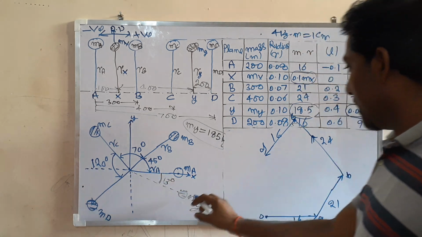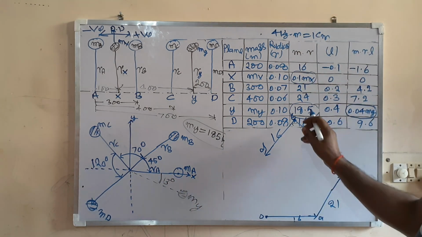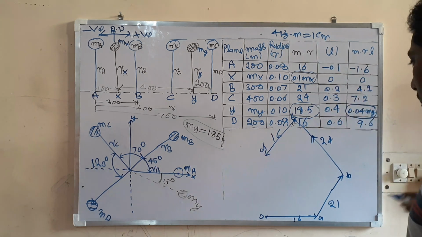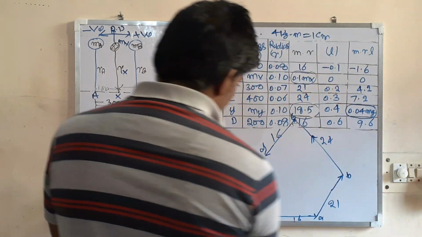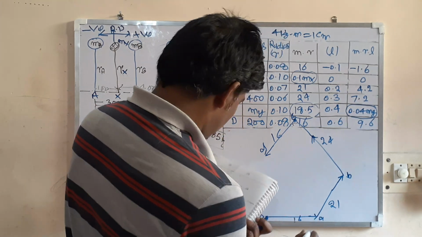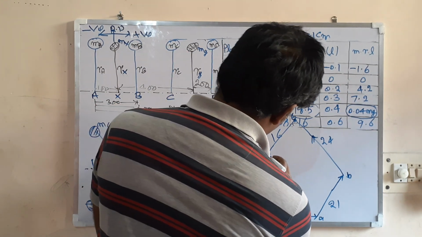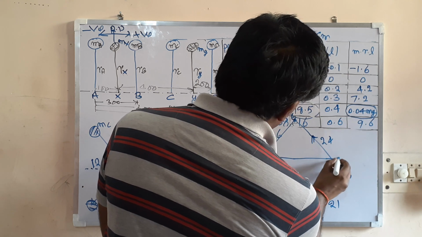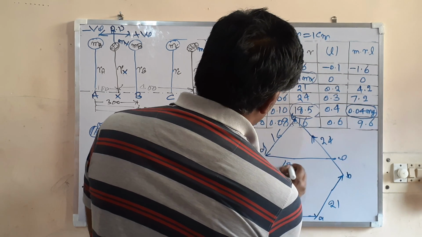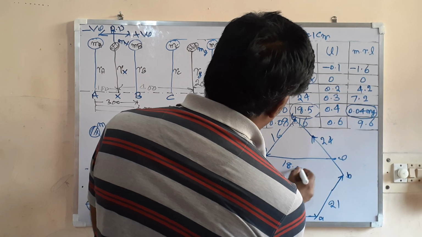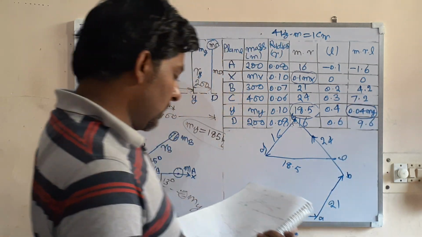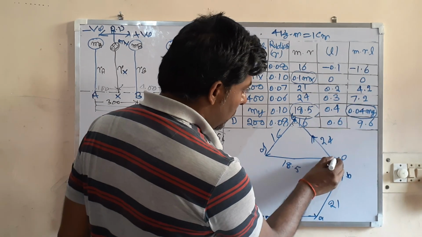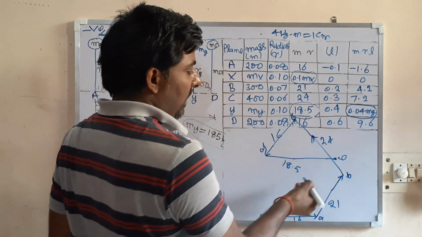Let us draw my in scale as 18.5 divided by 4. So when you draw, you will get it like that. Let us say this is E and its value is 18.5. Now this is the starting point and this is the end point.